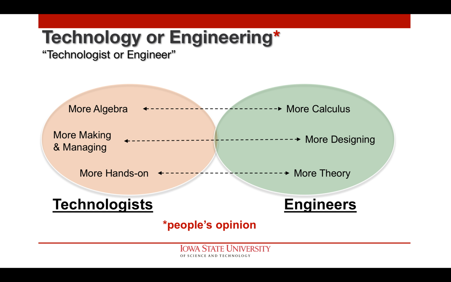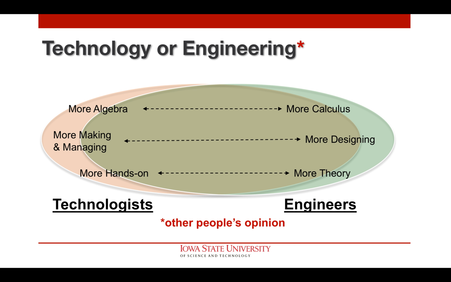Still others would have the opinion that there is not a stark difference. There's a lot of overlap. A lot of what engineers do, technologists do, when you come out with a technology degree and you get put in a position where you're working with engineers and you're doing a lot of the same things that they're doing. So this is some others' opinion.